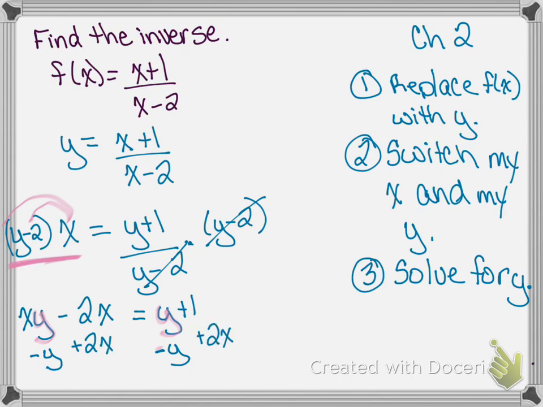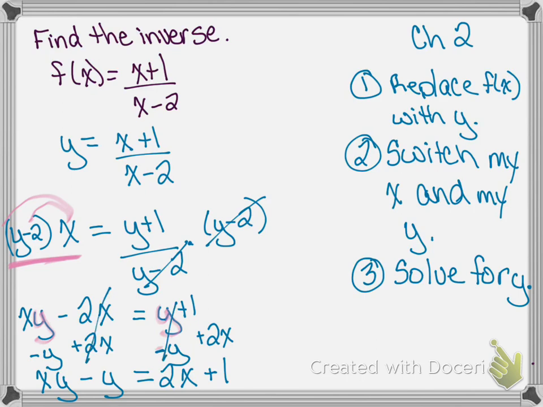So what I have done there is I have gotten my y's on one side of the equation, and I've gotten everything else on the other side. So I'm left with xy minus y equals 2x plus 1, because this cancels and that cancels.